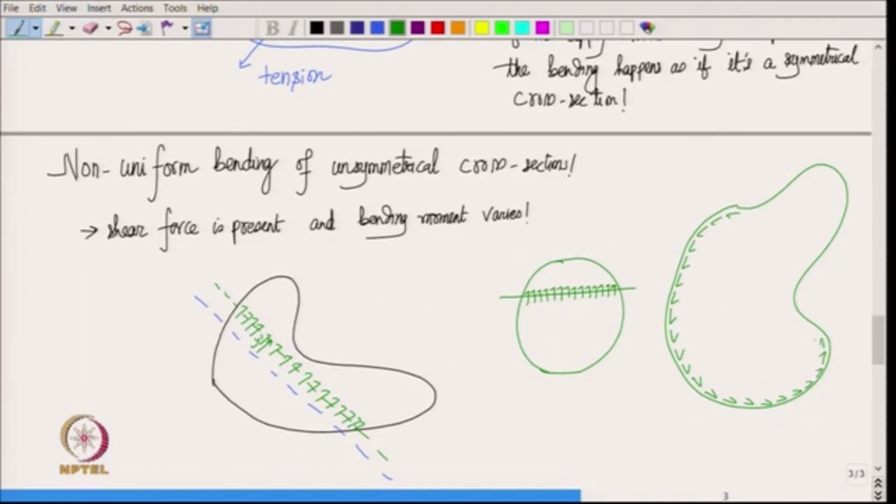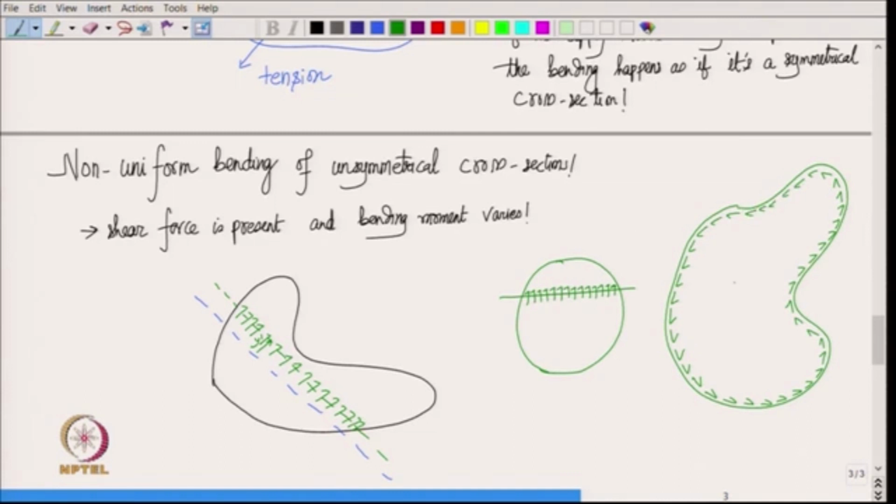If you are not applying anything on the lateral surface of the beam, then the shear stress in the cross section has to be along the periphery of the cross section, and that is only for the points near the periphery.